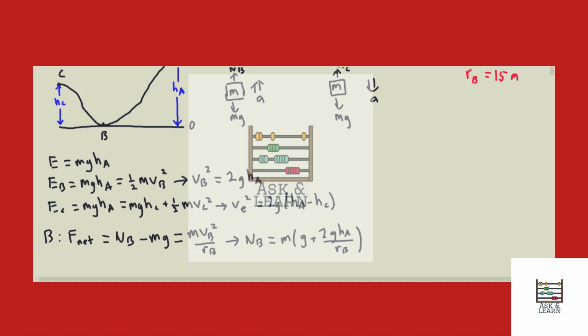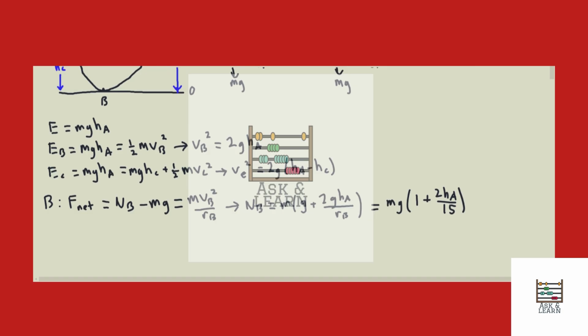We had that, given, r_B, the radius of the circle at point B, was 15 meters. And so we'll get that equal to mg times 1 plus 2h_A over 15.